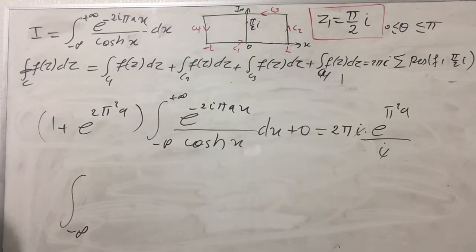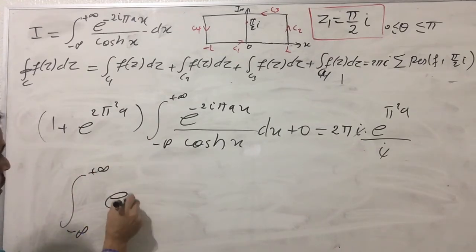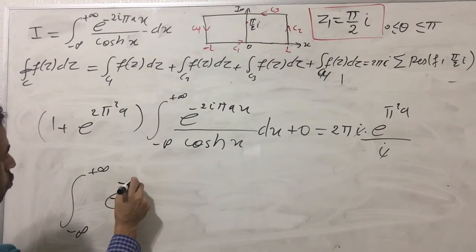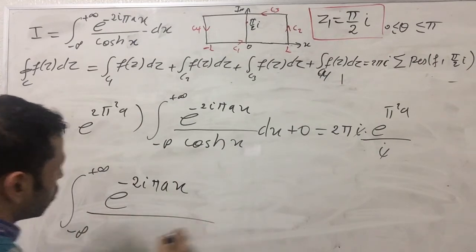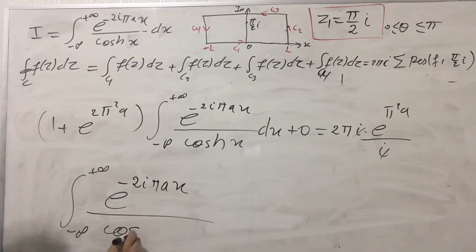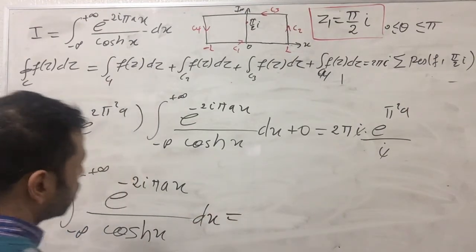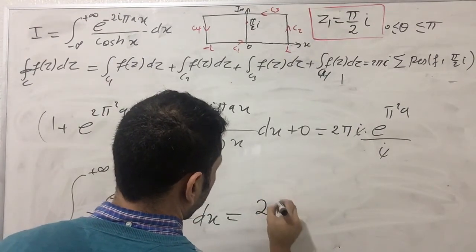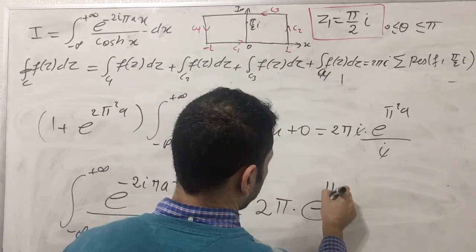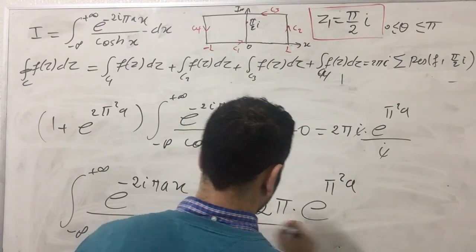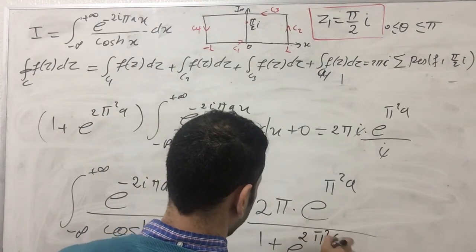So the integral from minus infinity to plus infinity of e to the minus 2i pi a x over cosine hyperbolic function of x dx equals 2 pi multiplied by e to pi squared a over 1 plus e to pi squared a.